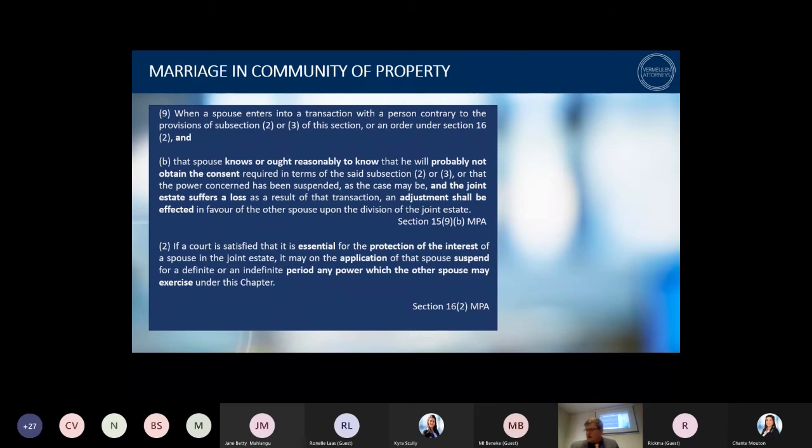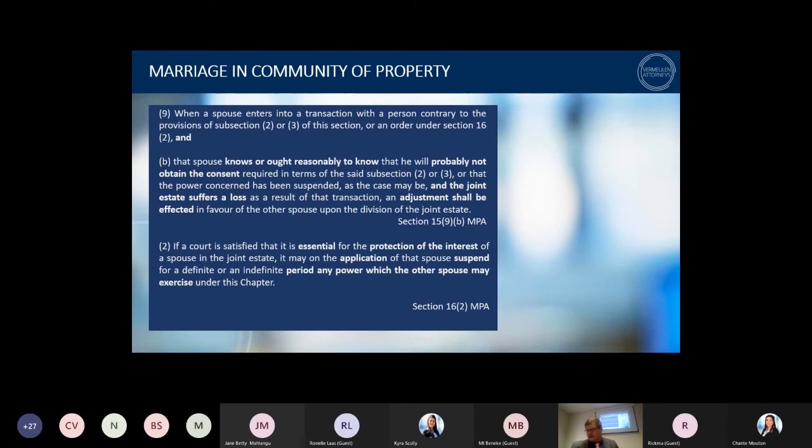If an order under section 16 has been granted and you are still naughty for some reason, there will be an adjustment. Is it a perfect remedy? No, it's not a perfect remedy. Let's say you caused 2 million rands worth of damage and the joint estate is only worth 500K. How do you deal with it? I hope you have a sharp liquidator in those cases.